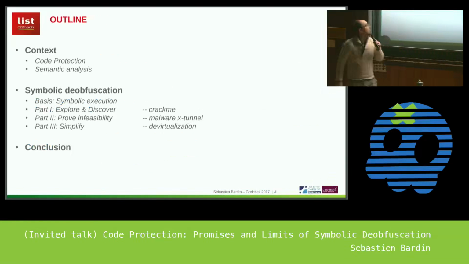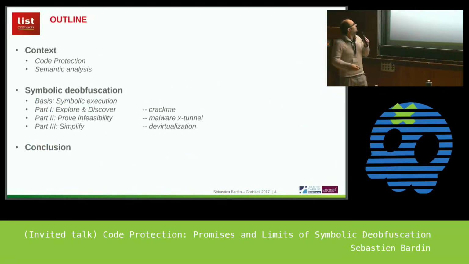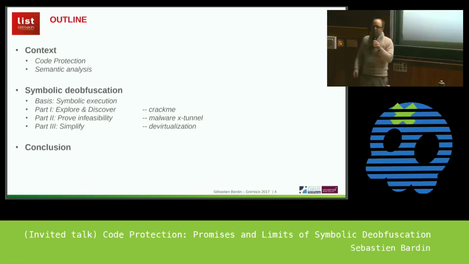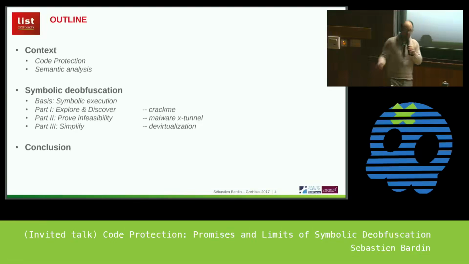So that is the outline of the talk. First, a bit of context on code protection and semantic analysis, then a tour of our symbolic deobfuscation and especially the techniques we are using, which is symbolic execution, including some examples and a case study, and then conclusion.